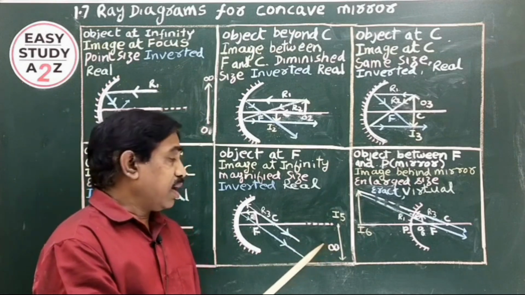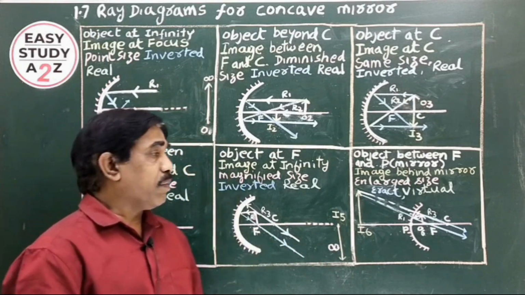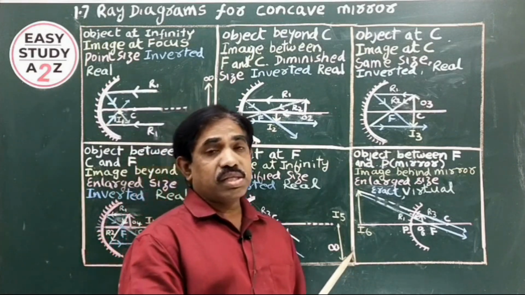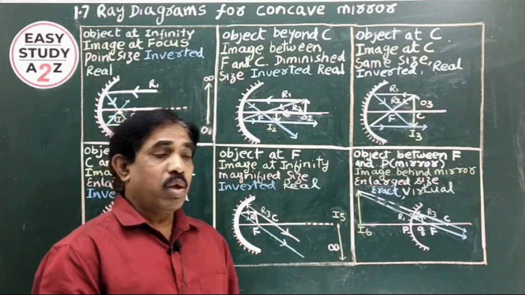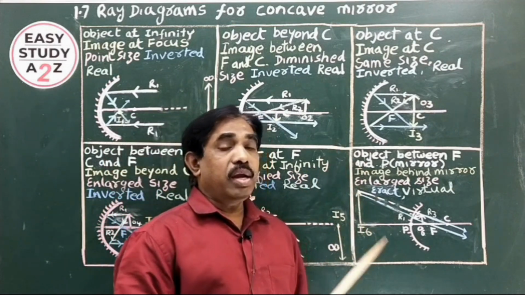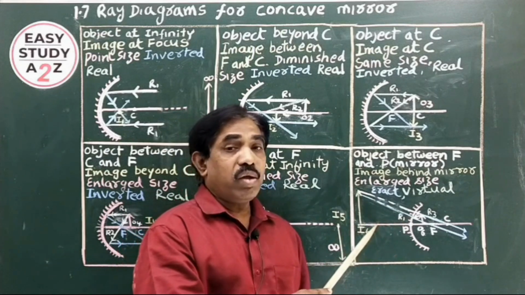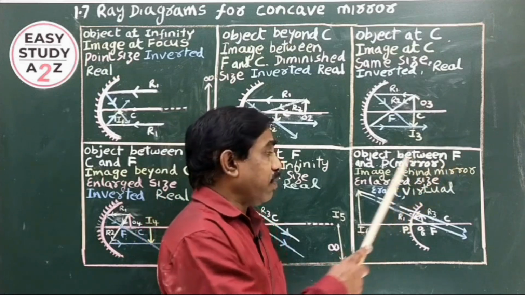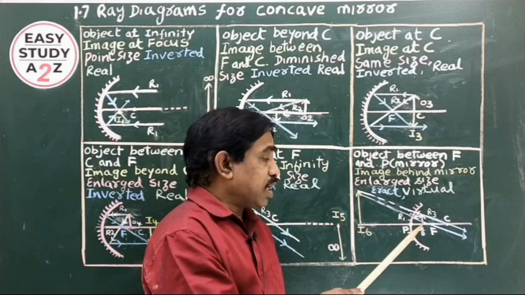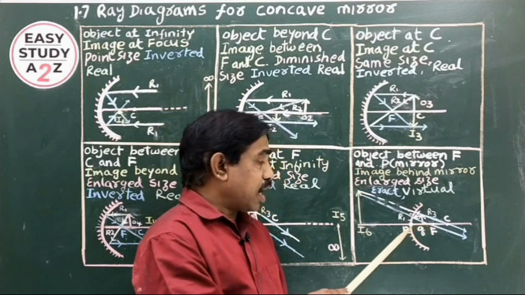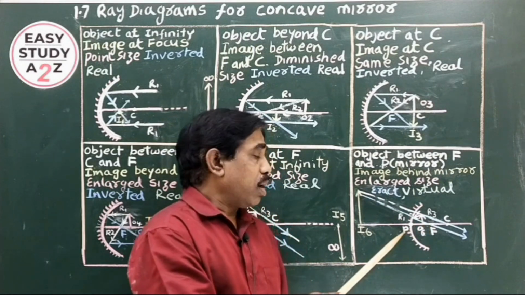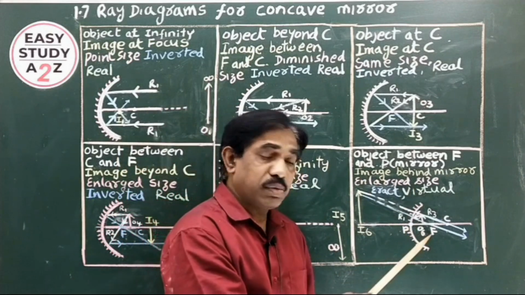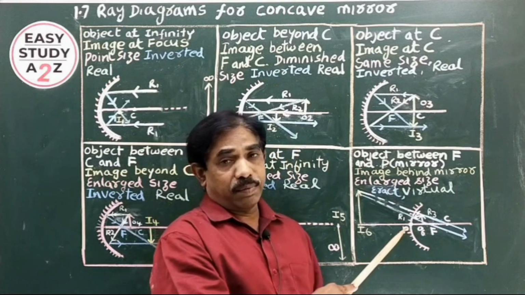See here, one more type of ray diagram, the last ray diagram, the sixth ray diagram. Here also we use rule 1 and rule 3. There is no scope for rule 2. See here, the object is kept between F and P. The object is kept between the focus and the pole, or else we can also consider that the object is kept between the focus and the mirror.